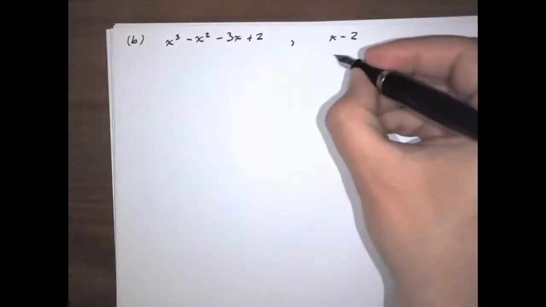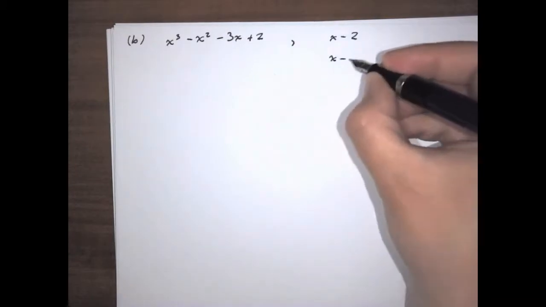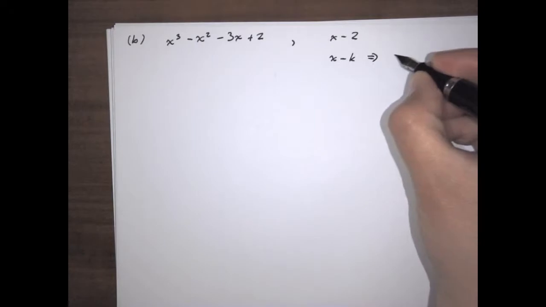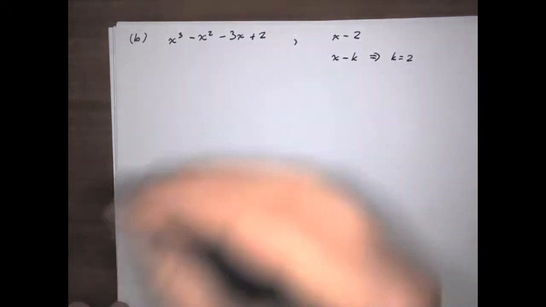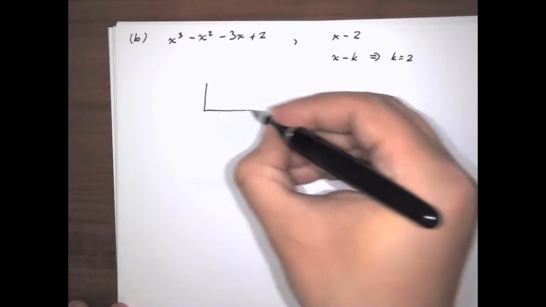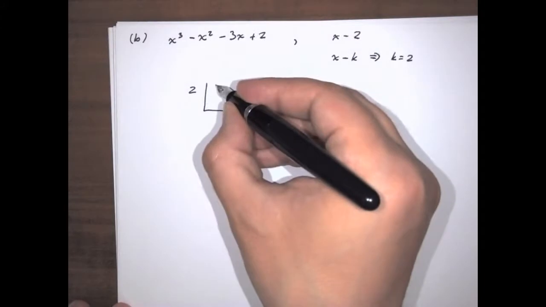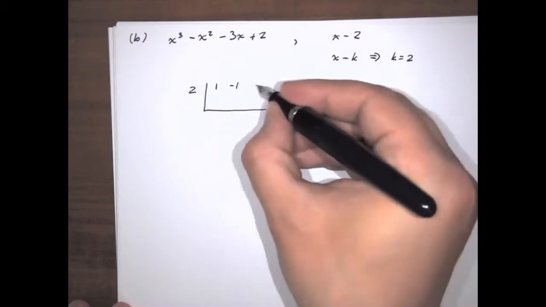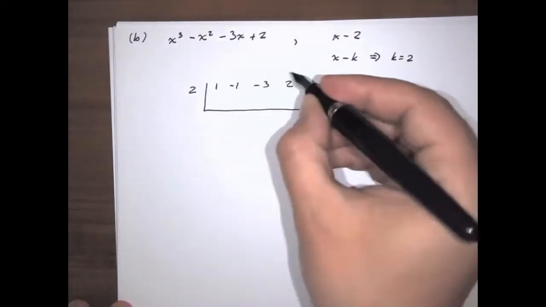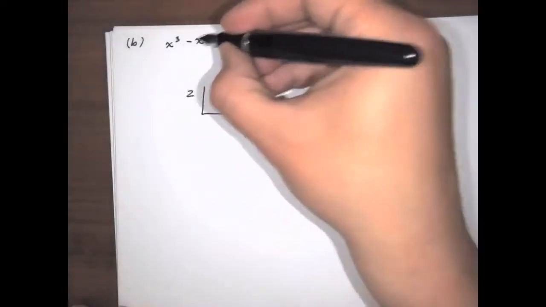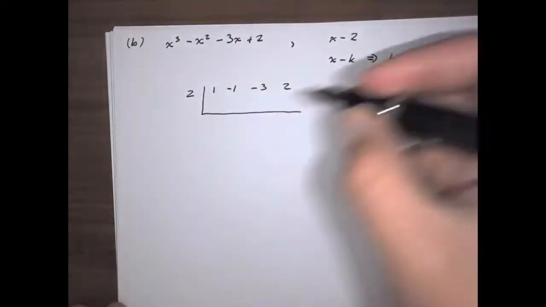But if we want to be sure, we have to do the synthetic division anyway. So x minus k is that, which means k equals 2. All right. So then the synthetic division, we're going to put the 2 over here, and then we're going to have 1, negative 1, negative 3 and 2, just the coefficients of this. If there were any missing terms, we would have put a 0 in there.